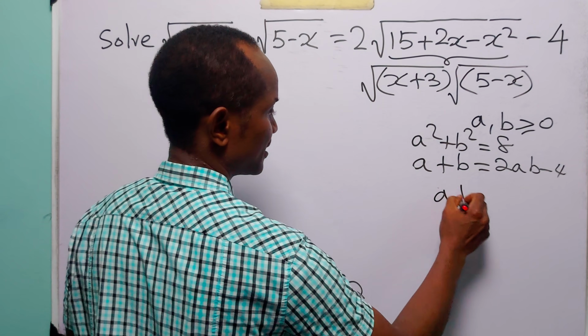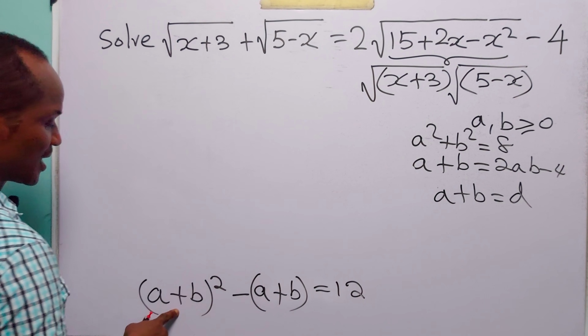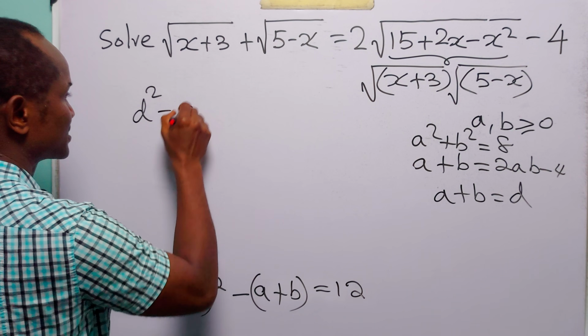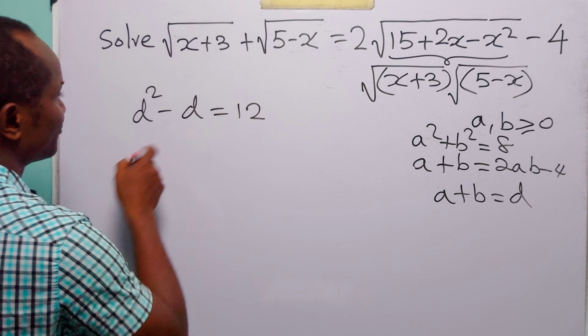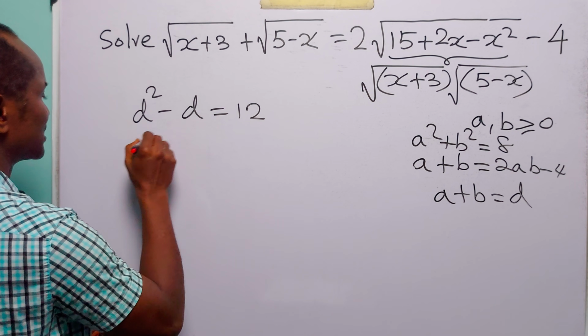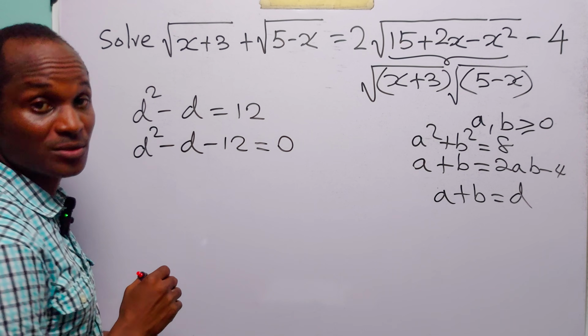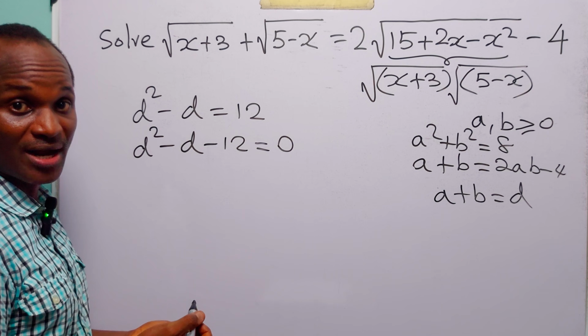Now we can simplify this equation with a substitution. Let a plus b be equal to the letter d. When we do that, this equation becomes d squared minus d is equal to 12. Rearranging this equation, we have d squared minus d minus 12 is equal to 0. Now we can solve this quadratic equation by factorization.